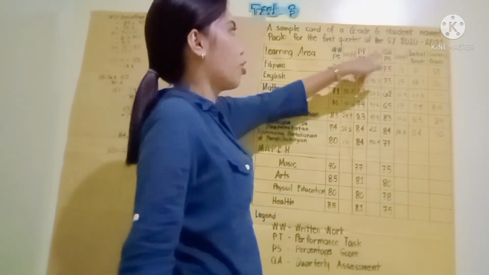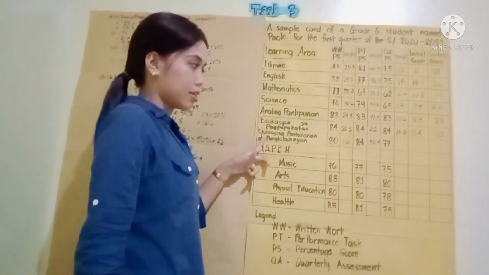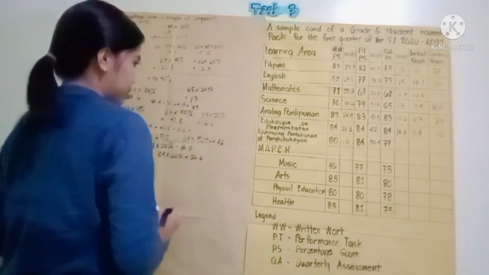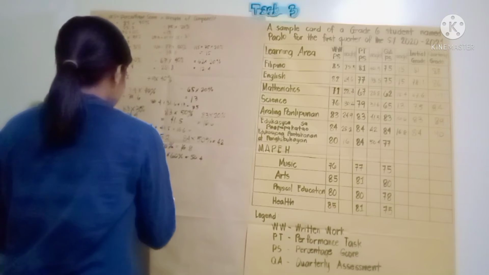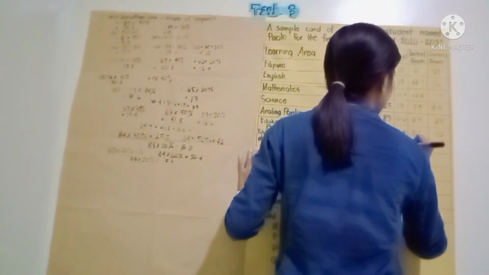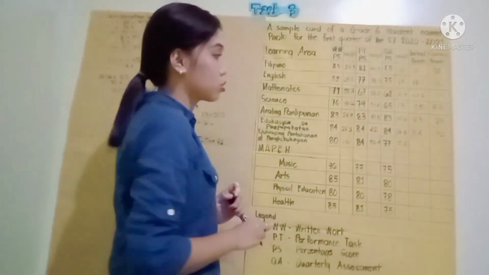50.4 is the weighted score in the performance task in Edukasyon sa Pagpapakatao. Next is getting the weighted score in quarterly assessment. 77 times 20% is 15.4. 15.4 is the weighted score.